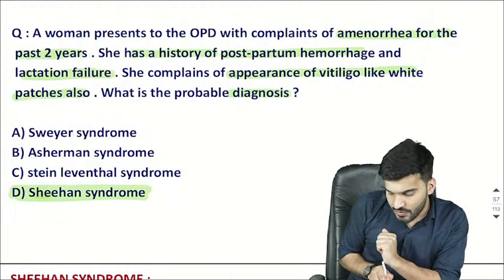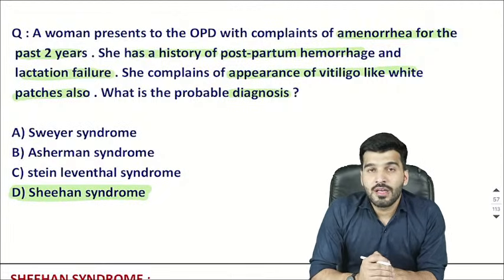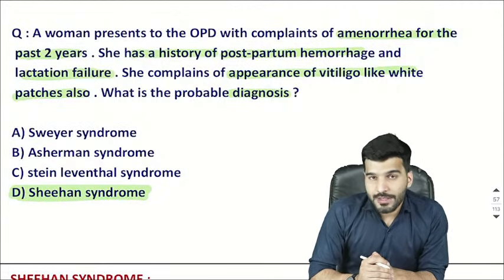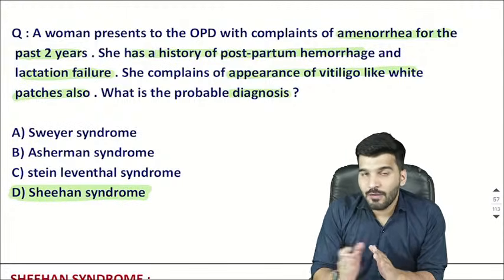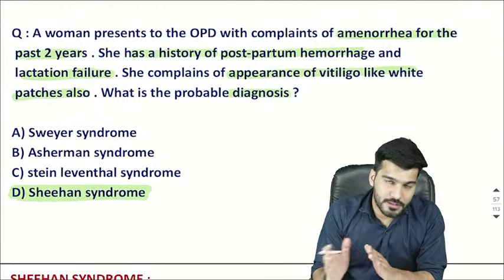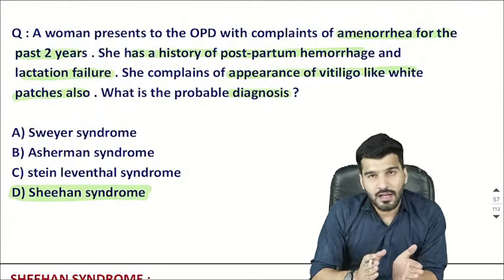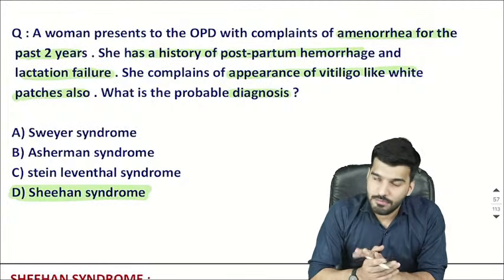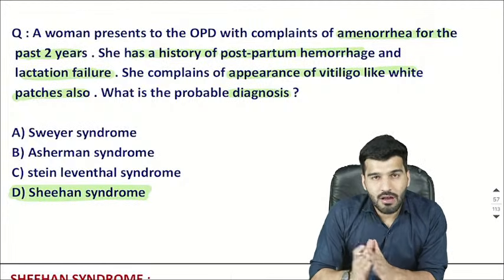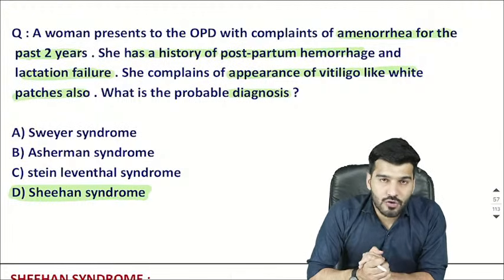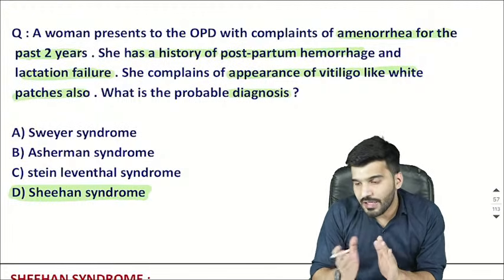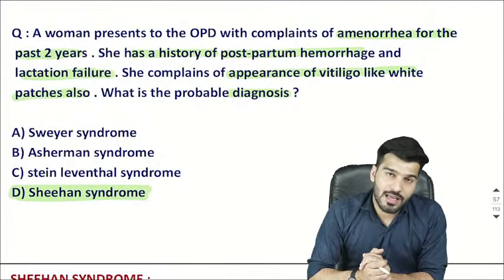Why? Because she had a history of postpartum hemorrhage, and followed by that, the complication of excessive bleeding. When there is a significant blood loss, what happens? There will be less blood supply to the pituitary as well. There will be ischemia, followed by necrosis. And when there is a pituitary necrosis, the classical syndrome is Sheehan syndrome, right?